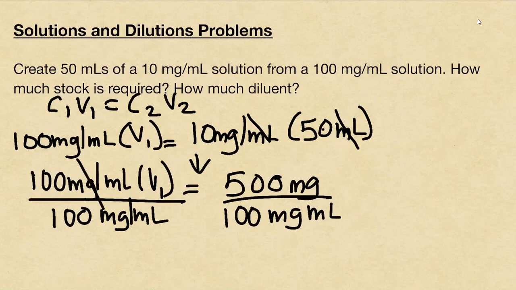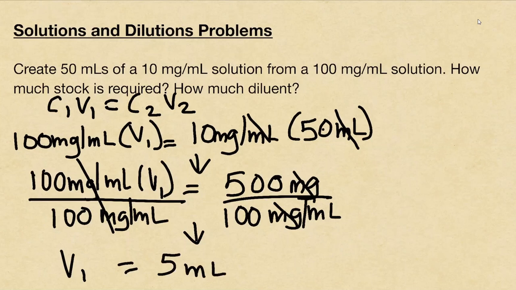So this is all canceling out. So your V1 equals, don't forget your megs are going to cancel each other as well. So that leaves you with 5 ml.